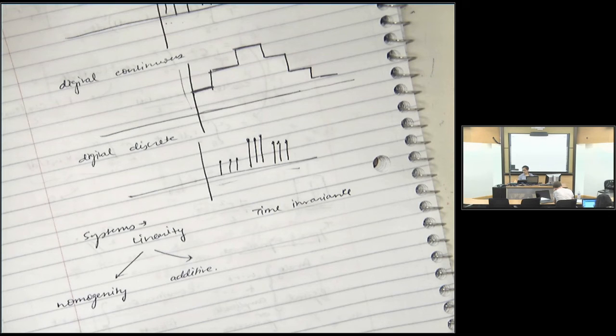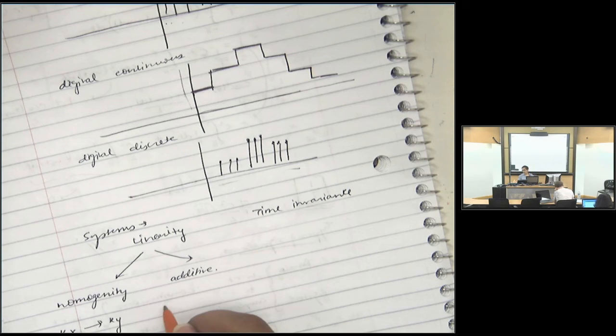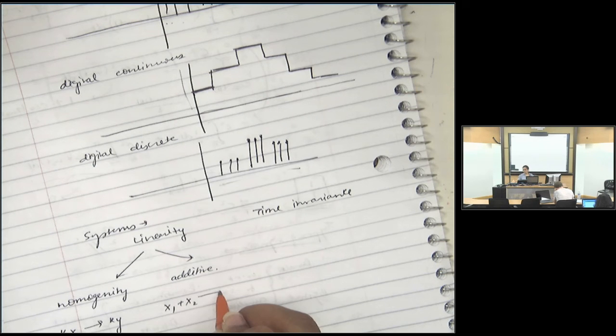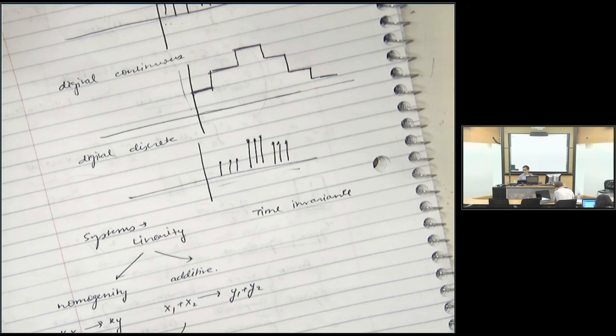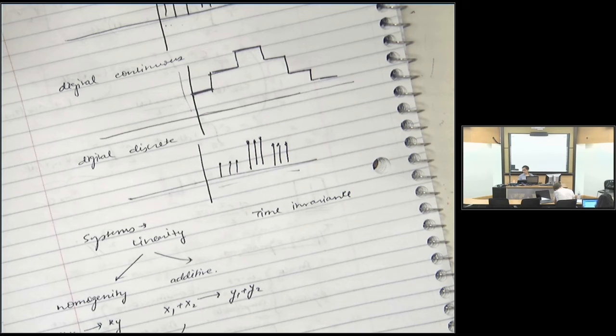Homogeneity means whenever I scale my input with some factor k, my output is also scaled. Additivity means if I'm supplying the combination of two inputs, I'll get the combination of their respective outputs. Both of these can be combined into what is called the superposition property.